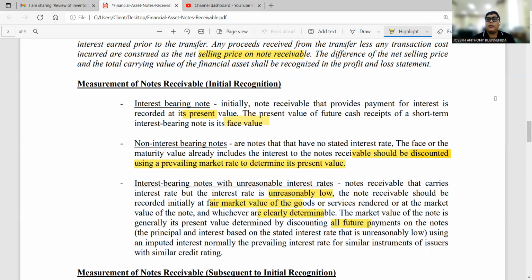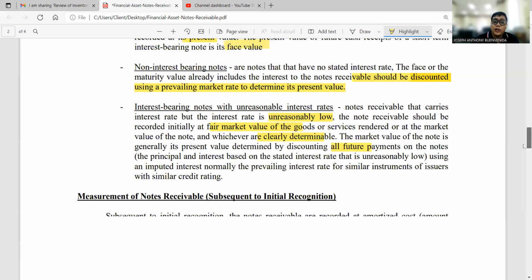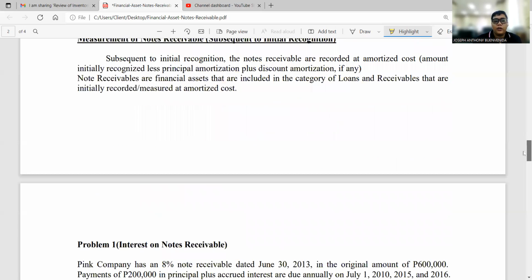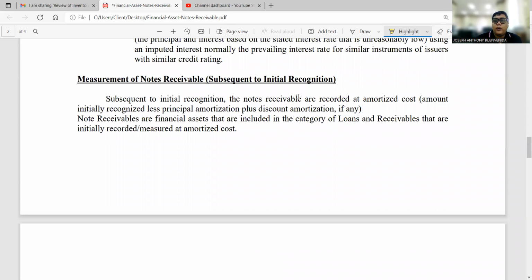That is initial recognition, while in subsequent recognition the notes receivable are recorded at amortized cost. So we use an amortization table, and you have to know how to use that amortization table.